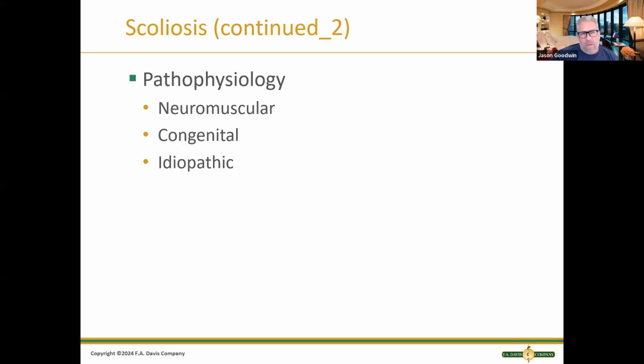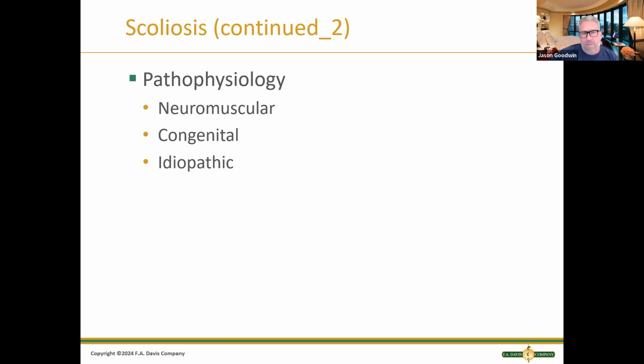The pathophysiology around it is that you have patients with a neuromuscular diagnosis, like cerebral palsy or muscular dystrophy. And then you have congenital things like asymmetry that will be related to the anomaly.